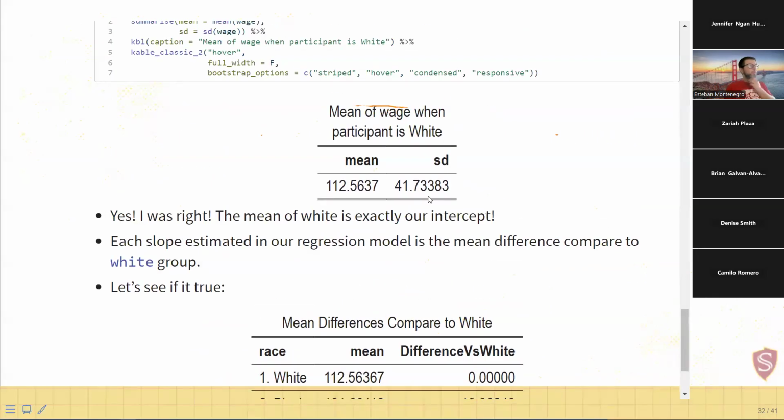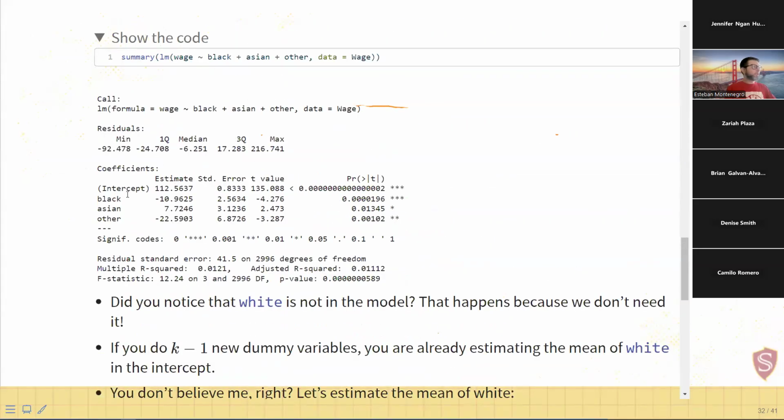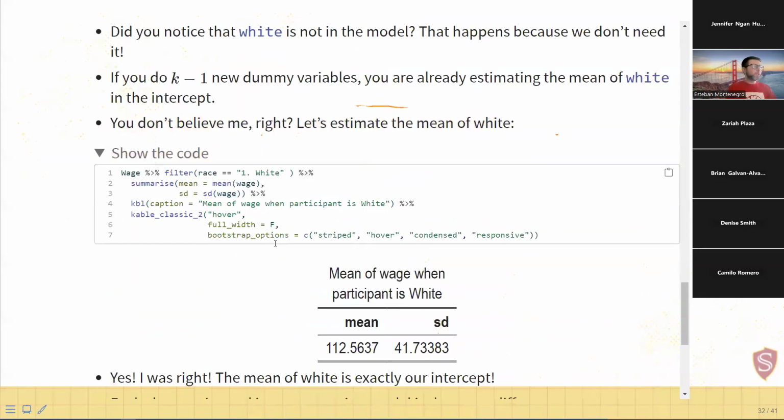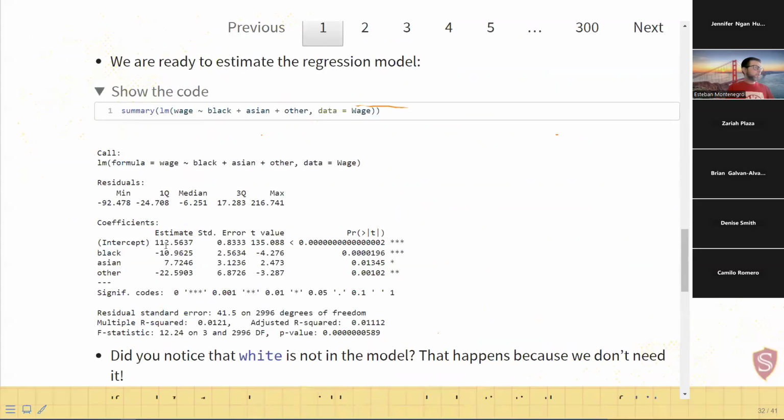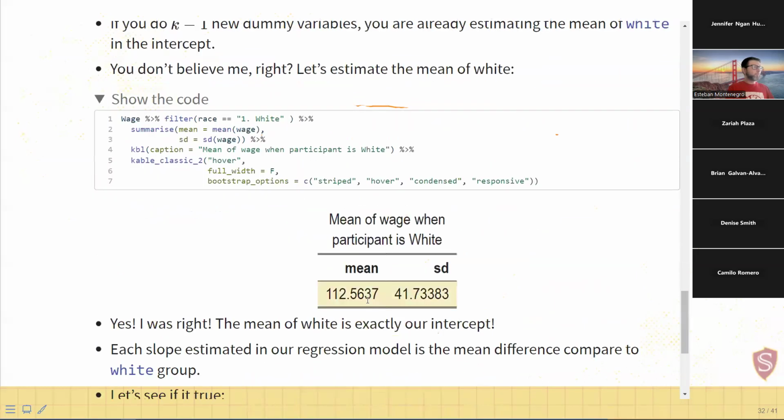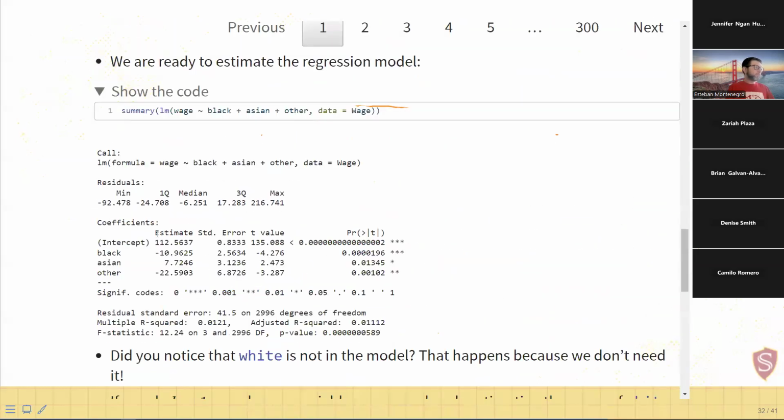So as I said, in this part I'm showing you all the parts that I just described. I estimated everything by hand, or quote unquote by hand, right? What I did here was to estimate just the mean and the standard deviation of white people, and the mean is 112.56. It's the same number that you see right here in the intercept, so the intercept is actually the mean of whites, right?